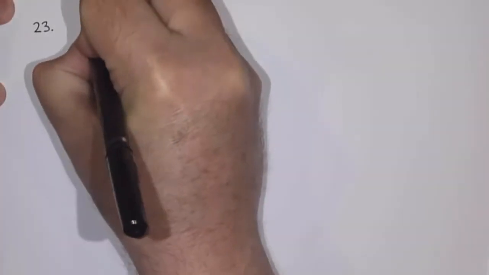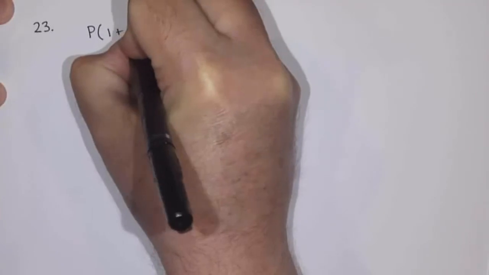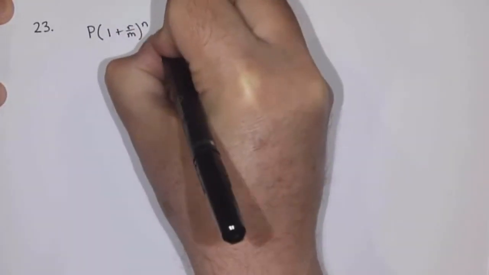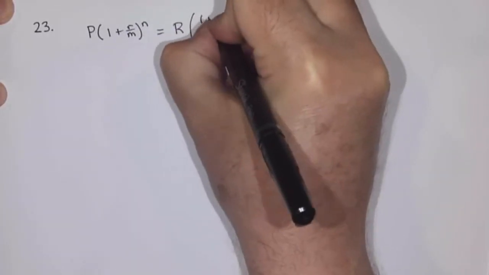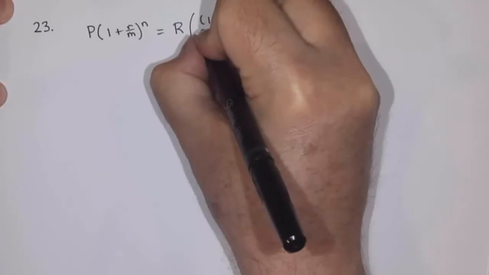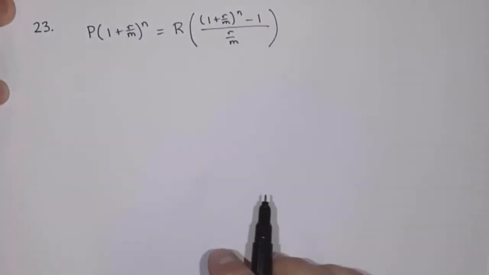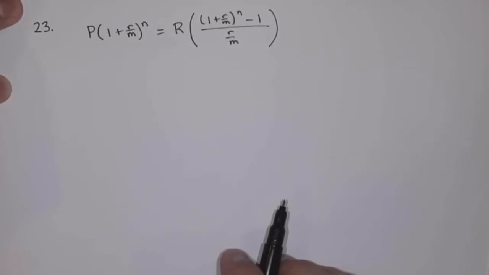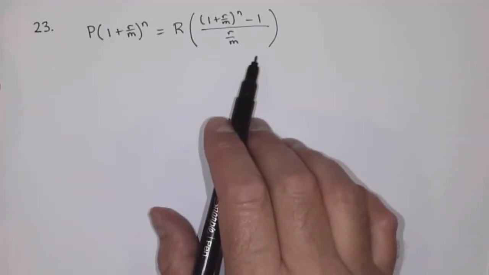So we know that P times (1 plus R over M) raised to the n power equals R times ((1 plus R over M) raised to the n power minus 1) over R over M. So we're going to find our present value P for this to see how this compares to $500,000.